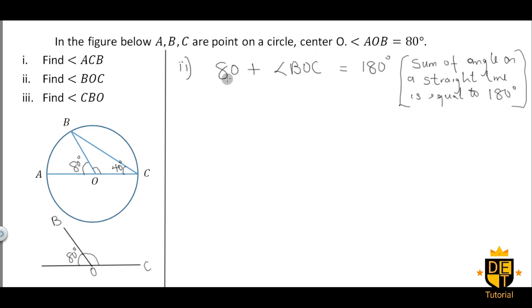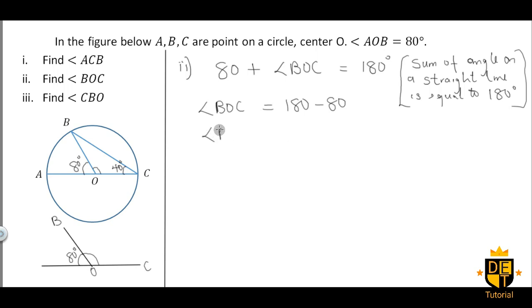So 80 plus angle BOC is equal to 180 degrees. For me to look for my angle BOC, I would write that angle BOC is equal to, so these two cannot be added, I will take this 80 degrees to the other side of the equation. So this will be 180, and when this 80 degrees crosses it becomes minus 80.